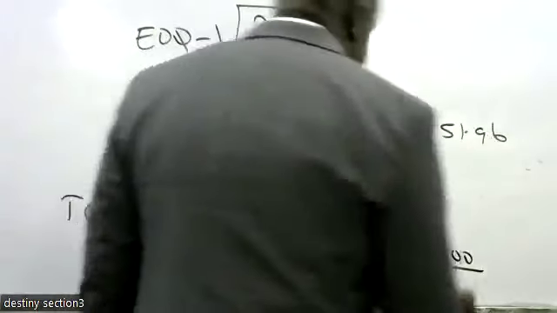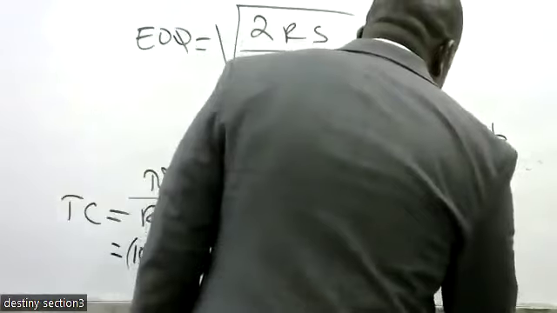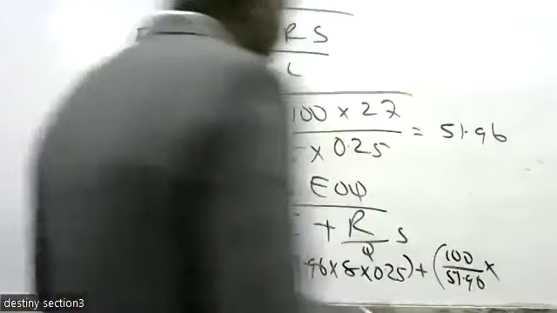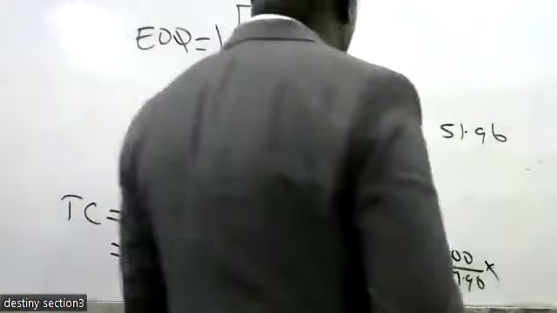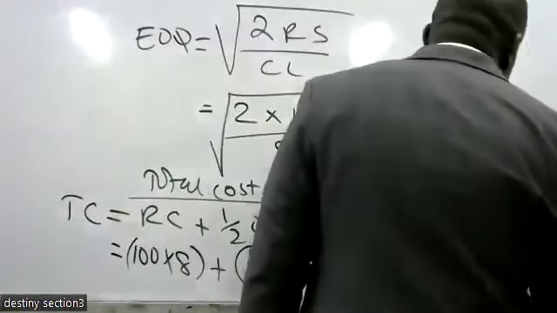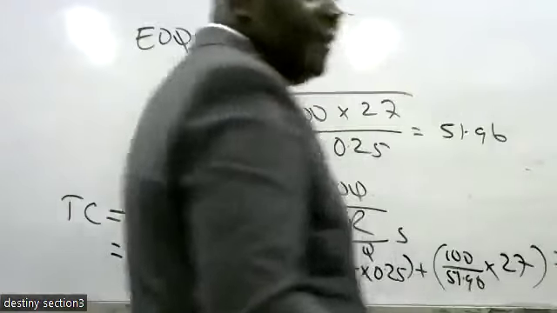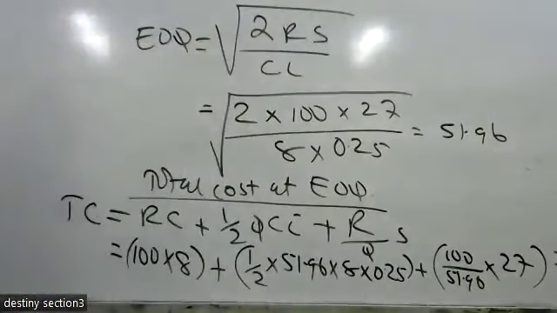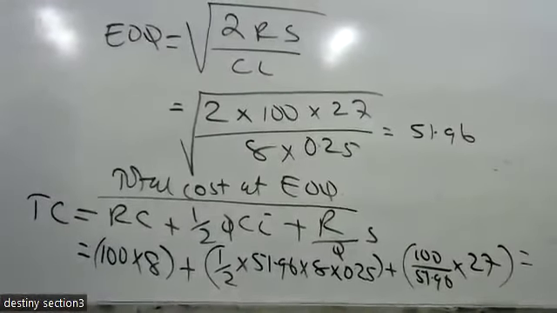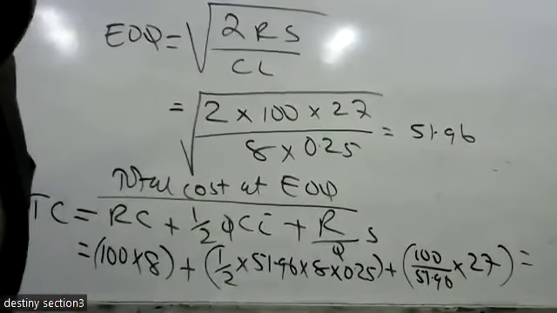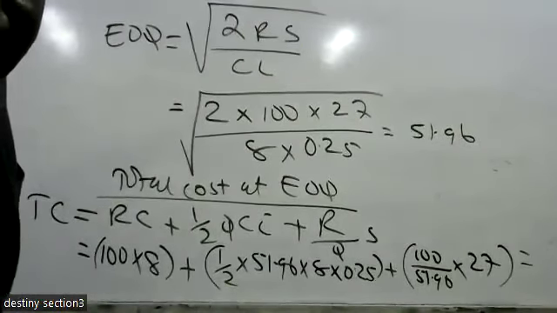So Q is 51.96, multiplied by S. So we get that total cost at the economic order quantity.